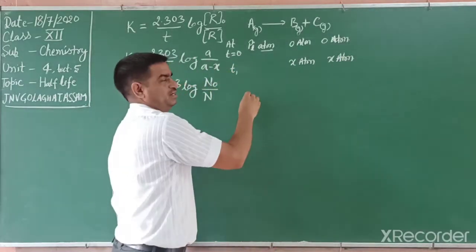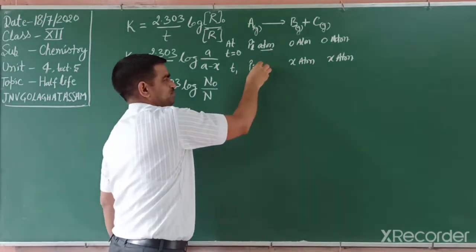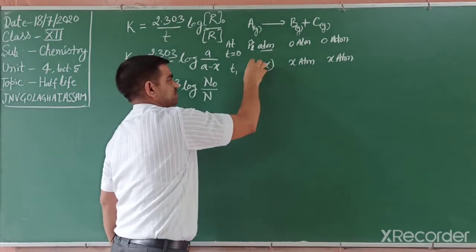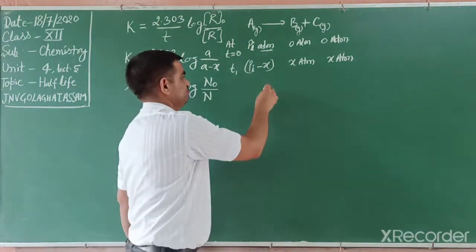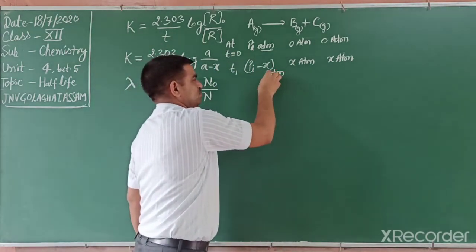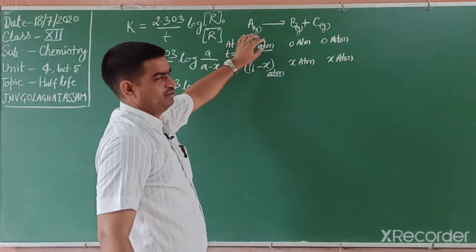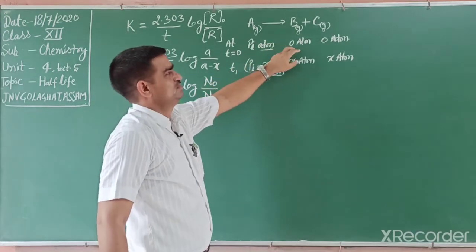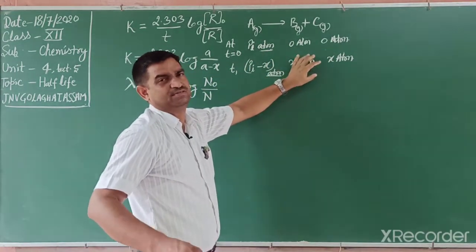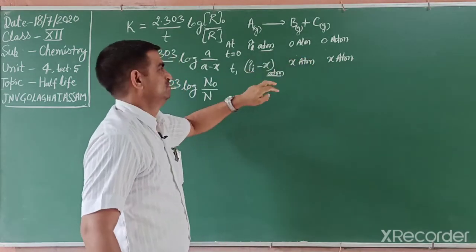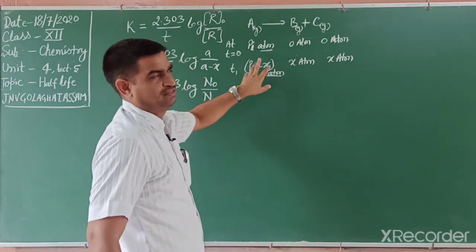But what happens to A? It is Pi, the initial pressure, minus x remaining, because the reactant is decomposed. So how can we find the total pressure of the components? Initially Pi atmosphere, 0 and 0, and after some time t, it is Pi minus x, x and x.